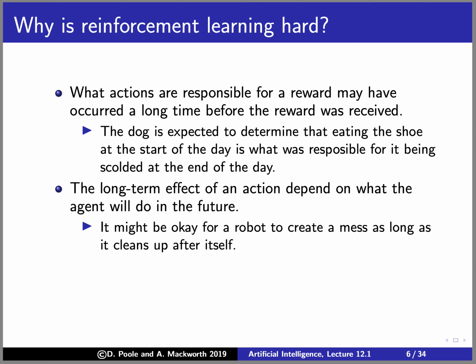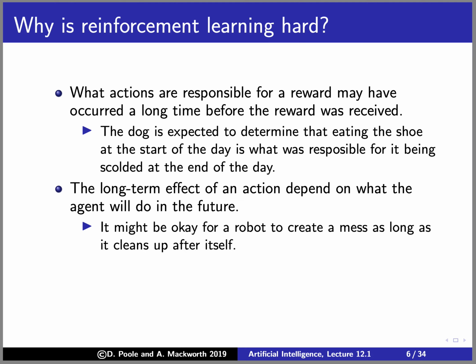Moreover, actions aren't bad in themselves, but depend on what it is you're going to do in the future. The long-term effect of an action depends on what the agent will do in the future. So if an agent has to tidy up a room, it might be bad if it creates a big mess, but that might be the best way to tidy up because you create a mess and then you clean it up. So it might be okay for the robot to create a mess as long as it cleans up after itself, but if it doesn't clean up after itself, it might not be okay to make a mess.